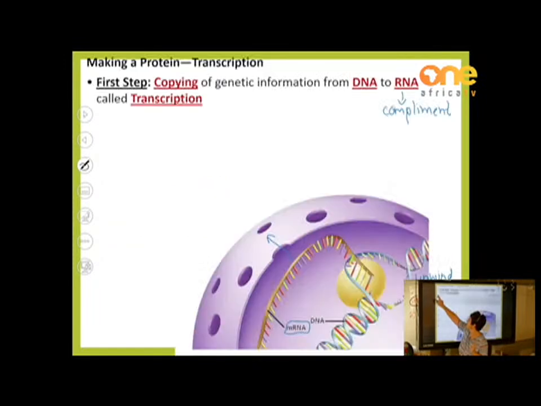So now we have a transcription, a copy of the DNA that opened to have the part with the specific code for a specific protein open.